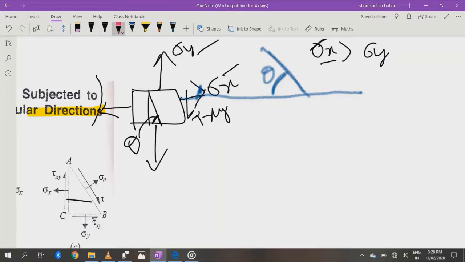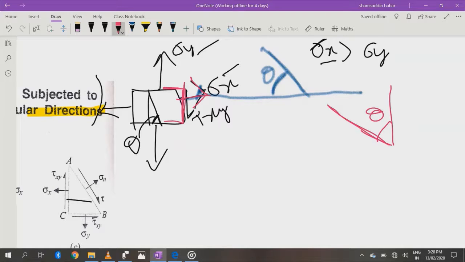Okay, now my stress is this, but what is the plane of this major principal stress? This is the plane of major principal stress, this. Okay, so if it is said that the angle is from major principal plane, now my angle will be like this. Oblique section will be at angle theta from major principal plane.